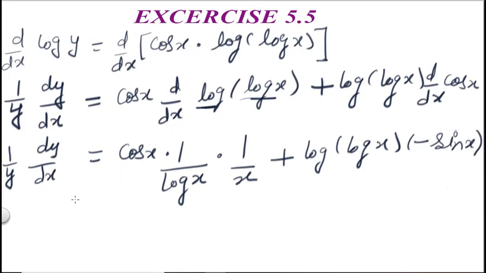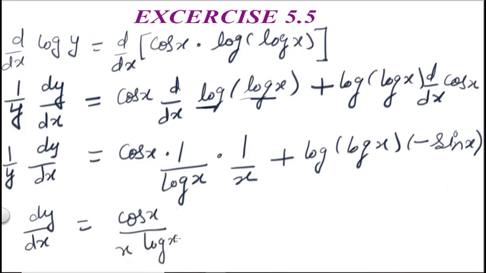Clear? Now dy by dx will be cos of x upon x log of x, then plus, or I should just write minus, because plus and minus will be minus, log of log x into sin x.